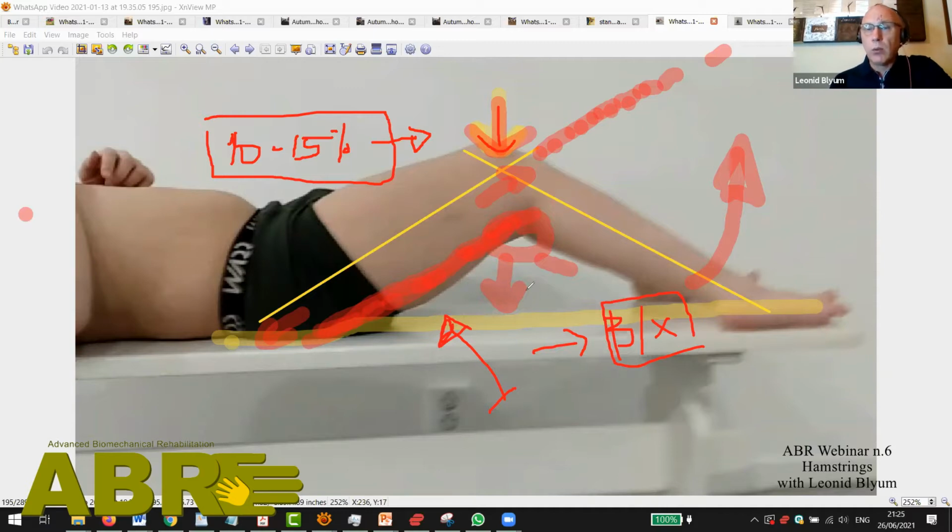Apparently it gives some improvement in the range for a short period of time, but then the whole thing starts getting back into that apparent shortening again, right?